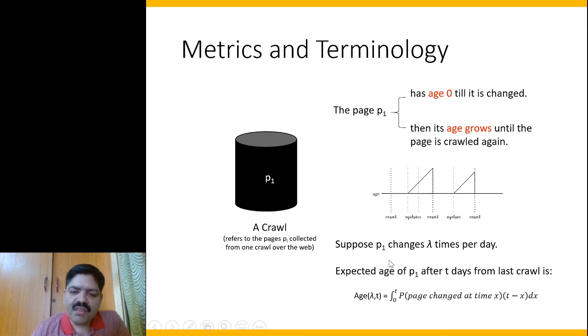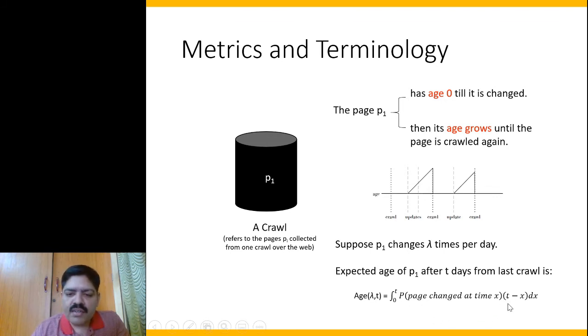Suppose P1 changes lambda times per day. Let's define a parameter lambda, which gives the change frequency. Then the expected age of P1 after t days from the last crawl is simply given by the integral from 0 to t of the probability that the page changed at time x, times (t minus x) dx.